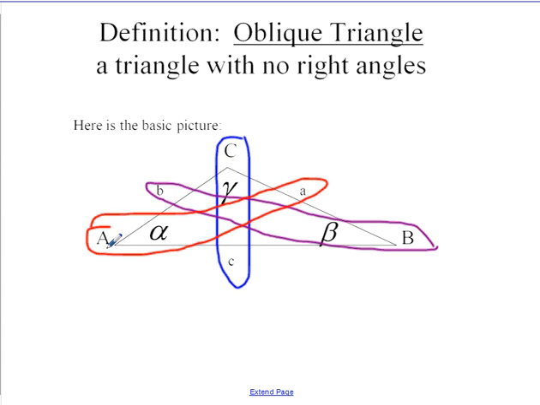Whenever you're drawing the picture, it doesn't actually matter where you put any of the angle measures or side lengths, as long as angle A is opposite of side A, angle B is opposite of side B, and angle C is opposite of side C, then you're in good shape.